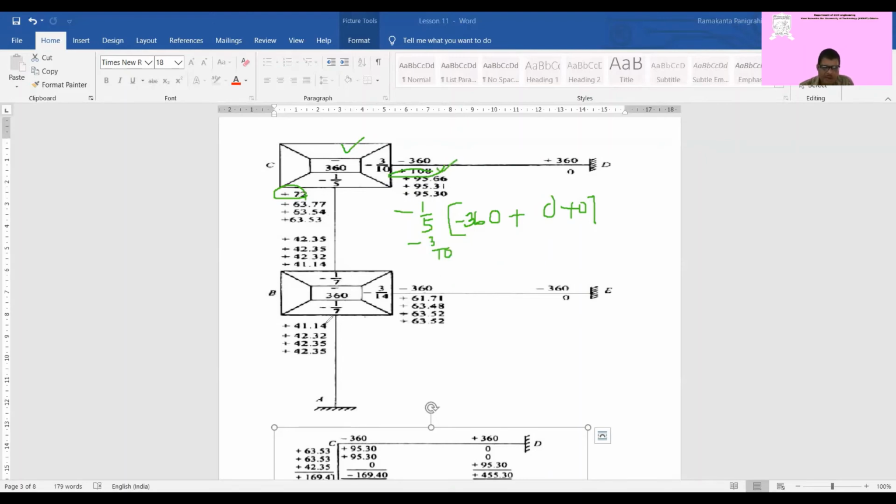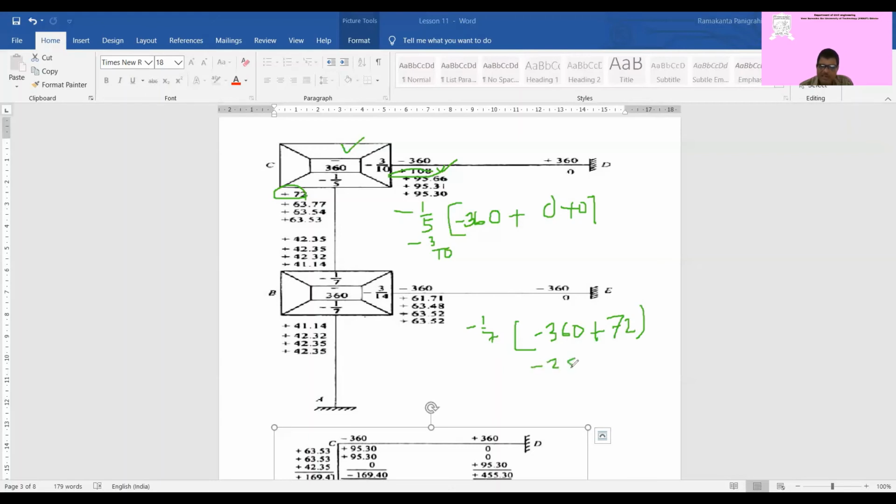What is the value now? Here it is minus 1 by 7. So we can go minus 1 by 7 into the value, which is minus 360. And what is the contribution from the far end? For this end 0, from this end 0, from this end will be plus 72. So 360 plus 72, minus, it will be 367 means it's 300, then we will have to subtract 12. So minus 288.